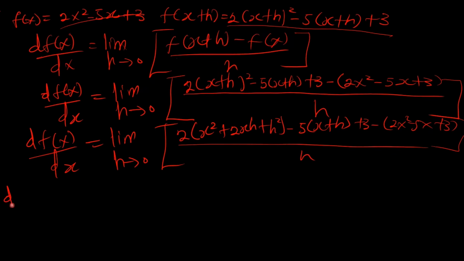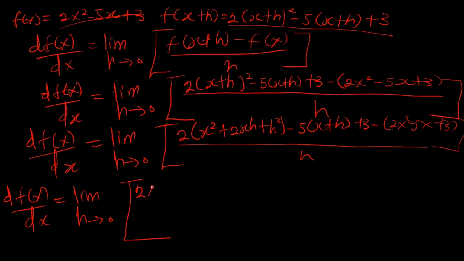Let's expand. f prime of x equals the limit as h approaches 0 of, we are expanding the numerator, 2x squared plus 4xh plus 2h squared minus 5x minus 5h plus 3 minus 2x squared.